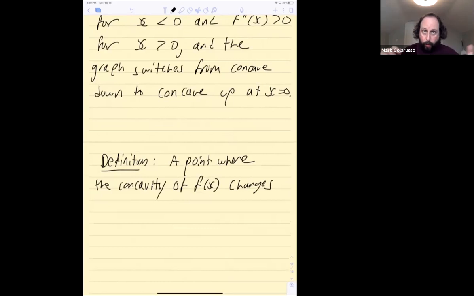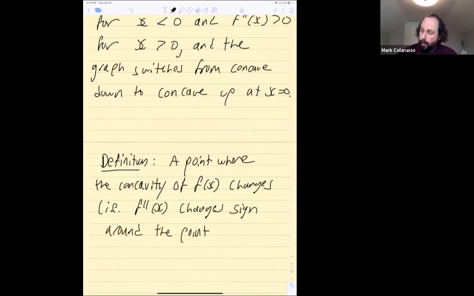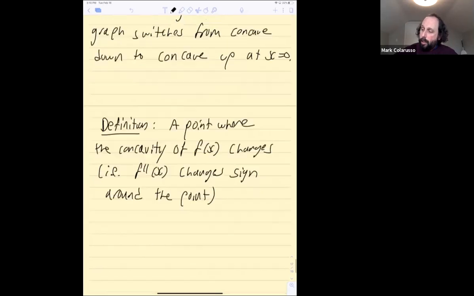Doesn't matter how, one way or the other, i.e. f double prime at x changes sign around the point, is called an inflection point of f at x.